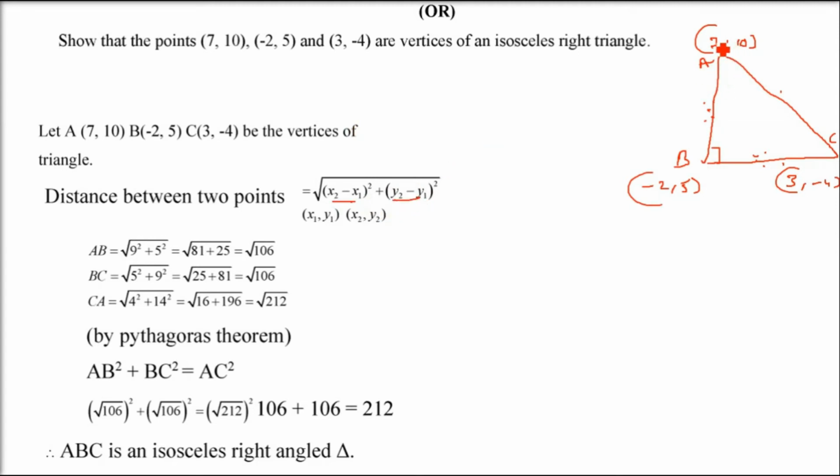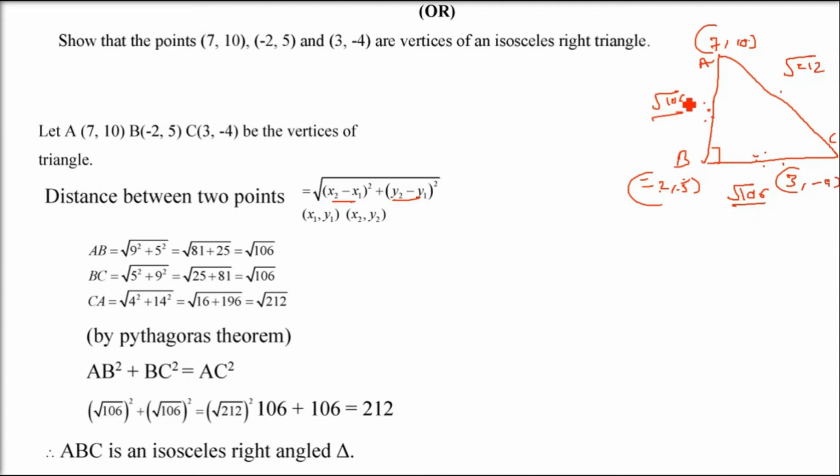We have already done a question like this, so I encourage you to put in the values and find the distances, taking x1, y1, x2, y2 pairwise. This distance will come as root 106, root 106, and this will be root 212.